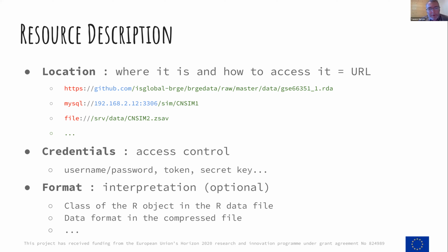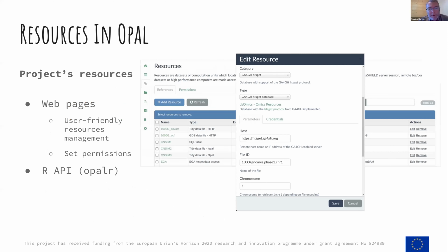So to handle these resources in Opal, there are web pages. It's project based. Inside the project you have the tables, but you also have the resources, and it can be quite difficult to write the URL as the reader, the connector, expects to have it. So there is a rich interface that is a form.